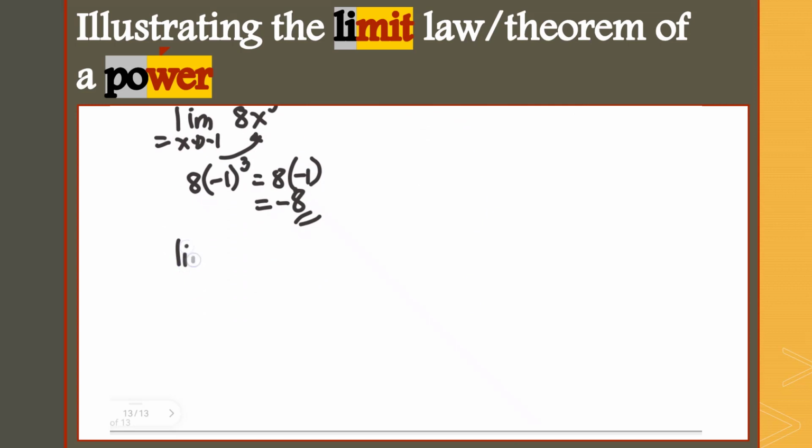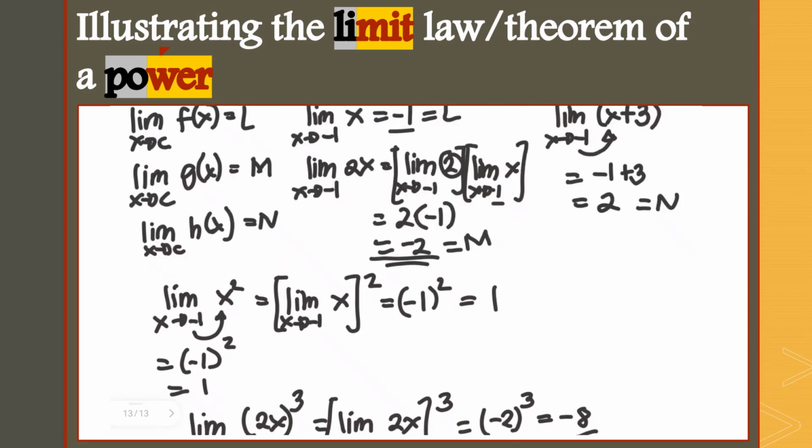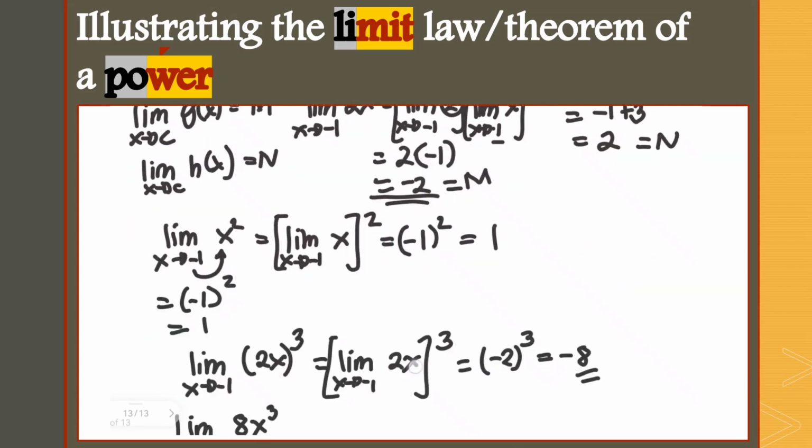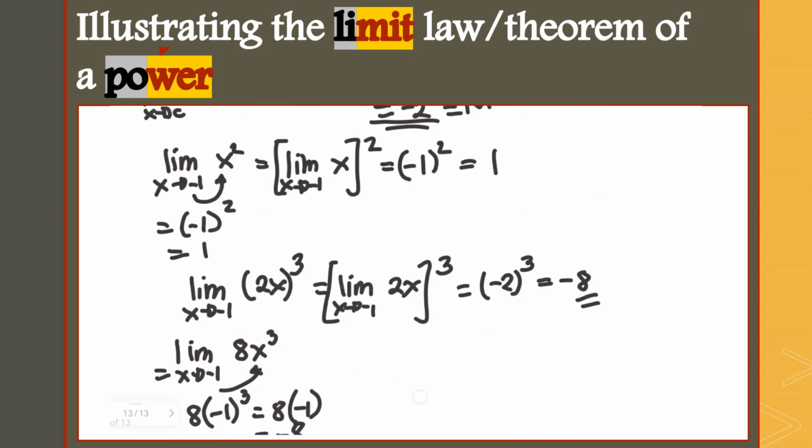Okay, let's have the last one. What if you have the limit of h of x, x plus 3? This is where it gets complicated now. x plus 3 and you raise it to 7. If you have something like this, this is where this limit theorem is very appropriate to be used, because in the earlier examples like x squared and 8x cubed, you just simply apply direct substitution or the laws of exponents before direct substitution.